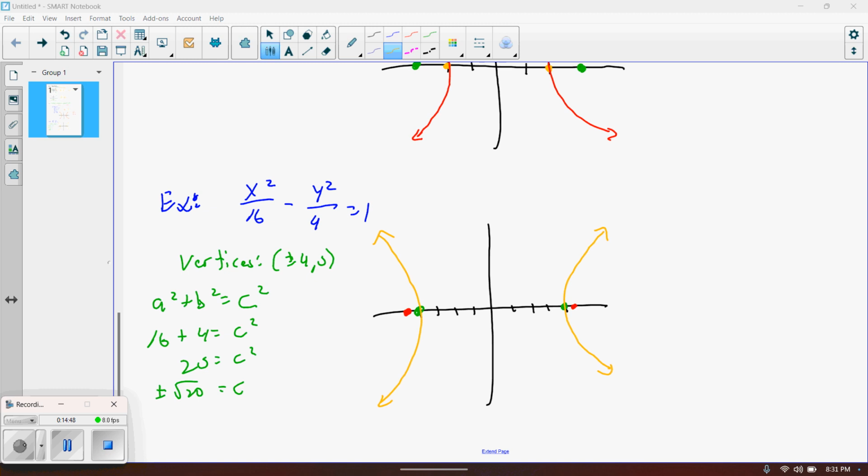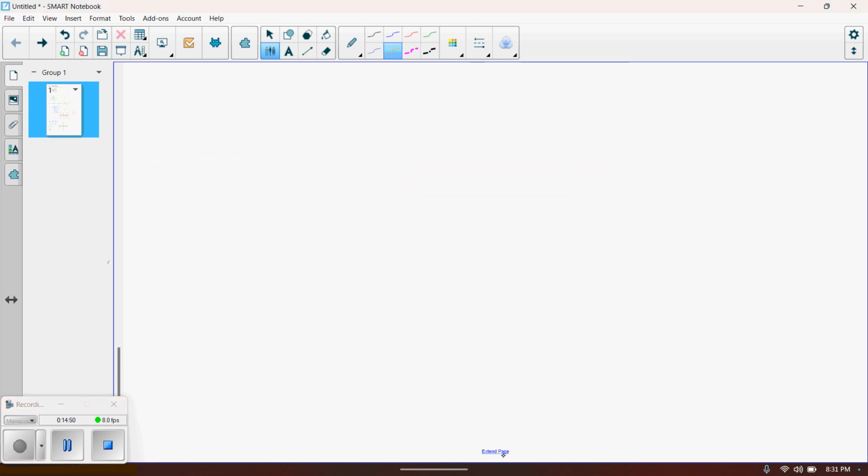Let's take a look at one that's maybe not in standard form to start with, but we can get it there pretty easily. So we'll start off with the equation 4y squared minus x squared equals 4. This is not in standard form because the right side isn't 1.